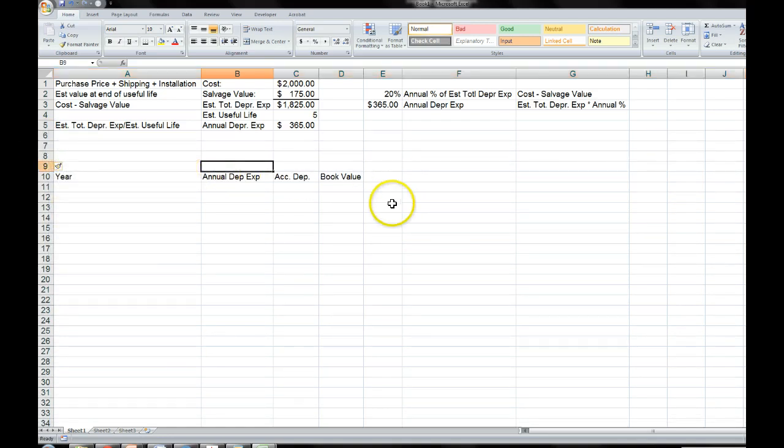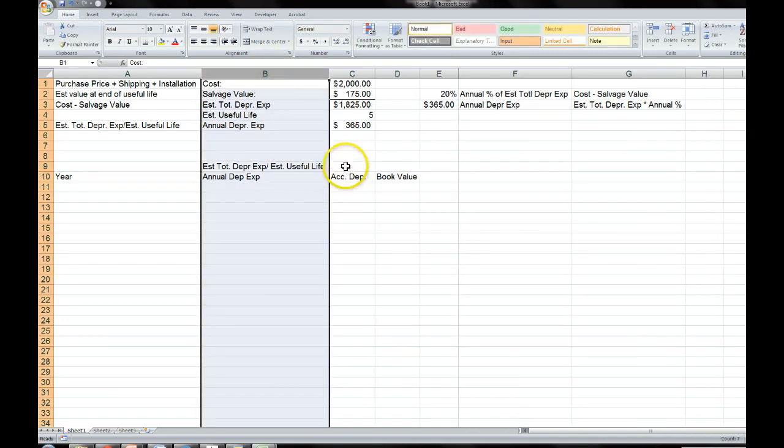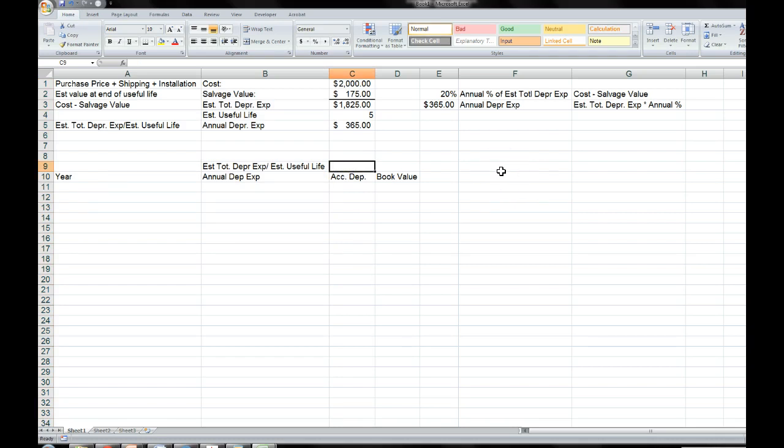So annual depreciation expense equals the estimated total depreciation expense divided by the estimated useful life. These columns are getting bigger and bigger, aren't they? Accumulated depreciation is going to equal PY, prior year Acct, plus current year annual depreciation expense.